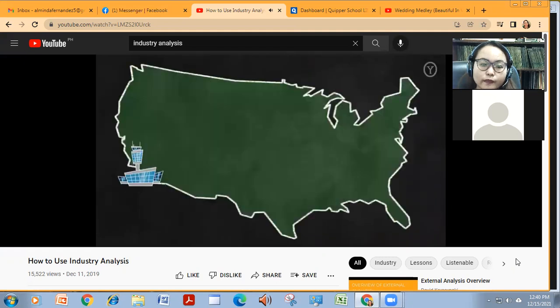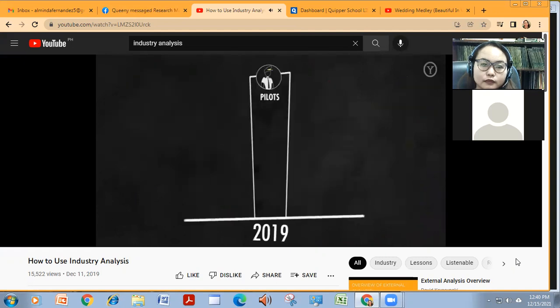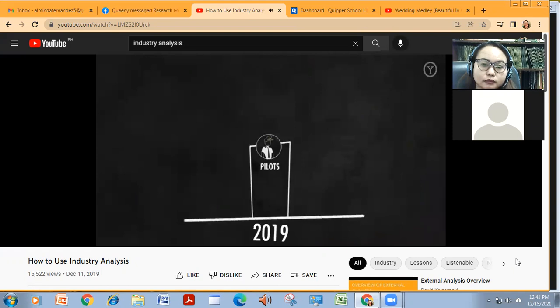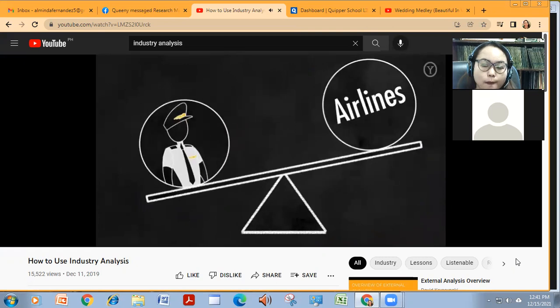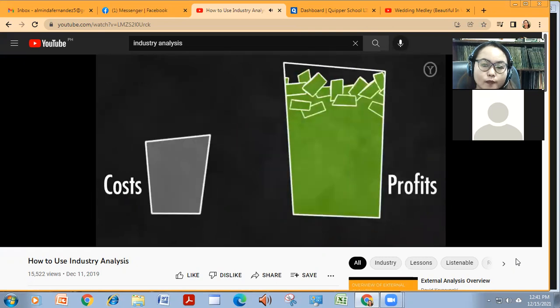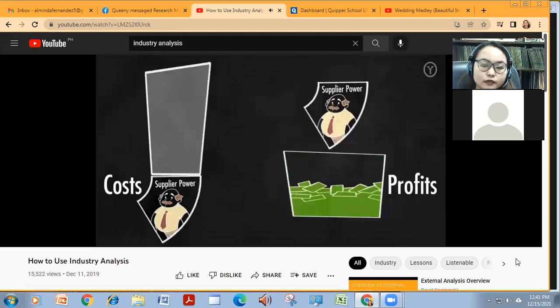Airports have local monopolies because there's often only one airport in a particular geographical area. Airports can effectively charge whatever prices they want for access to their geography. And as of 2019, there is a significant pilot shortage in the airline industry, giving pilots bargaining power relative to the airlines. Supplier power, then, also keeps strong upward pressure on industry costs and downward pressure on industry profits.